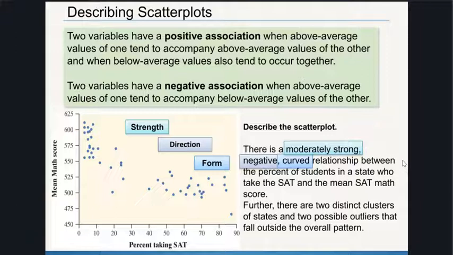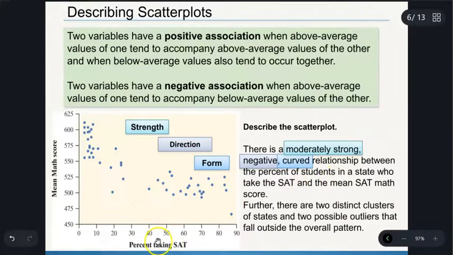It's almost like a direct variation, when you talk about direct and inverse variation. Positive means as one goes up, the other one goes up. Negative association means as one variable increases, the other variable decreases. That's a negative association. So let's look at this example down here.